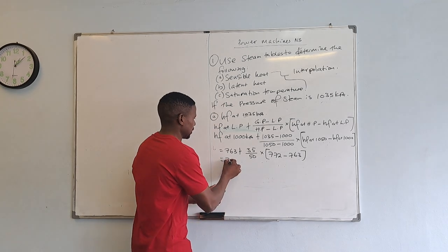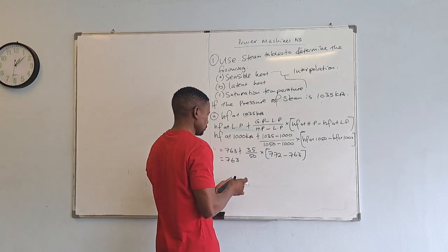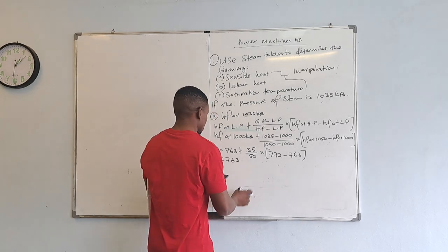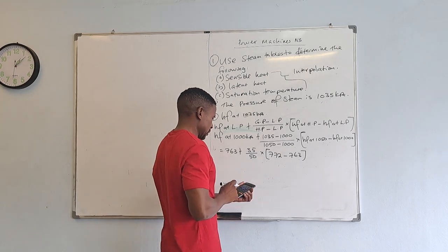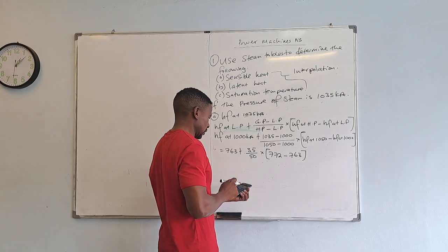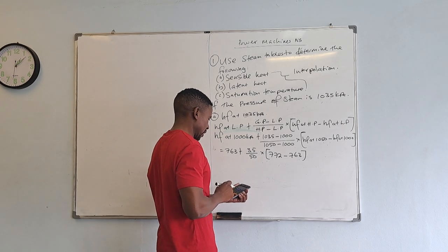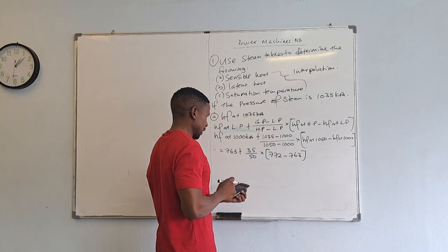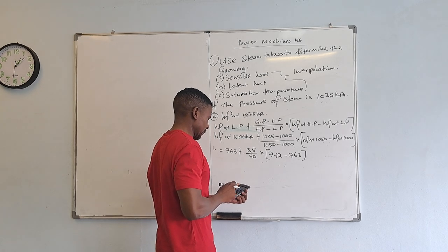Let me check if I punched correctly. 763 plus 35 divided by 50 times 772 minus 763.